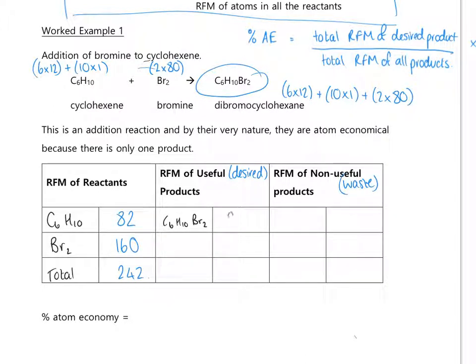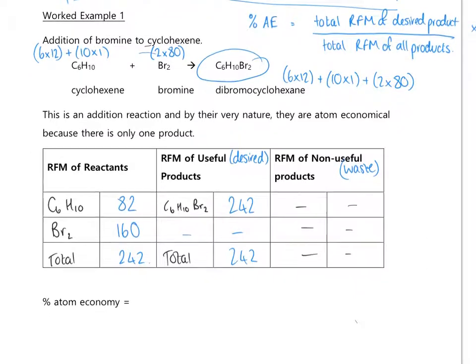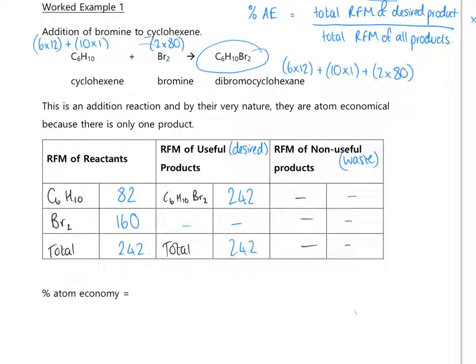That works out as 242. We don't have any more useful or desired products, so my total RFM is 242. Our non-useful or waste products, well, you can see we don't have any side products, so actually there's nothing for this. By their very nature, a reaction which only produces one product is going to be very efficient in terms of the atoms, because we don't actually produce anything else.